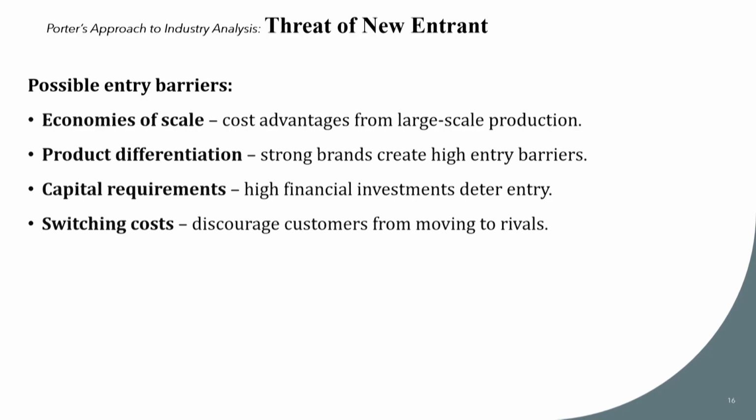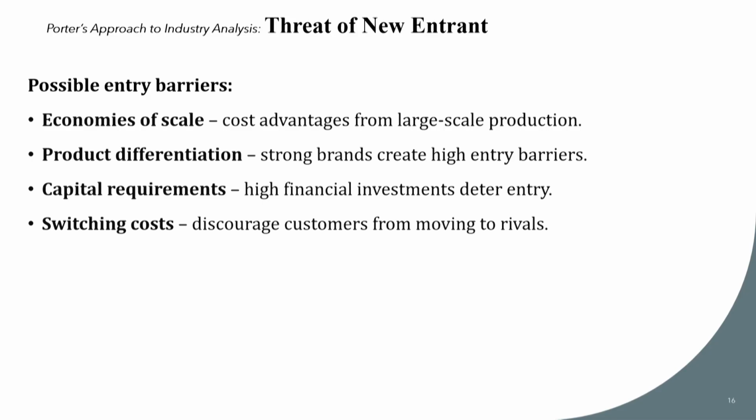And then switching cost is another concern, because if consumers move from one product to another, for example, if you have been using Microsoft Office and Excel, it will be difficult for you to use another software.